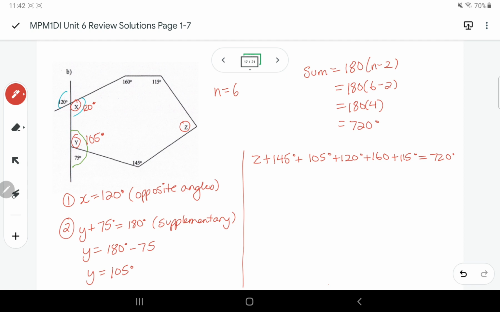So when I add up all of those numbers, I get 645. So z plus 645 degrees equals 720 degrees. So z equals 720 minus 645, which gives me 75 degrees for z.